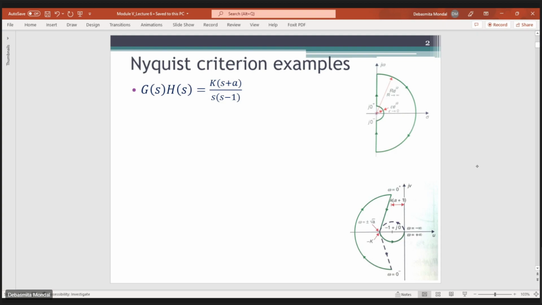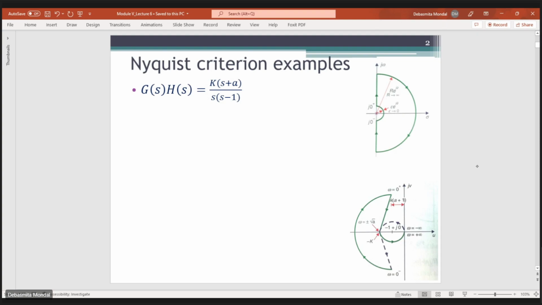So this is the given open loop transfer function. What we need to do is draw the corresponding Nyquist plot, right? For that, first of all we have to draw the Nyquist contour, and from that Nyquist contour we have to map it onto a plane, and the result of that mapping is the Nyquist plot.